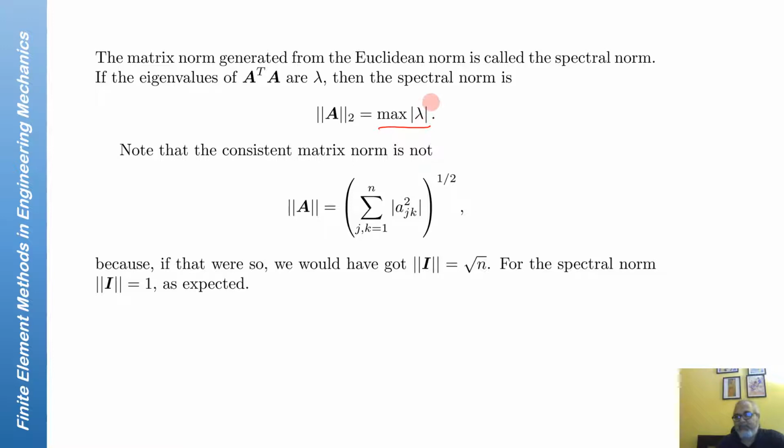If its eigenvalues are lambda, then the maximum eigenvalue among them constitutes the L2 norm of a matrix A.